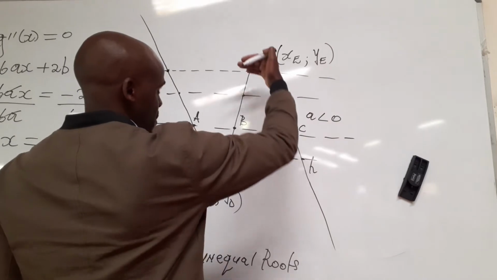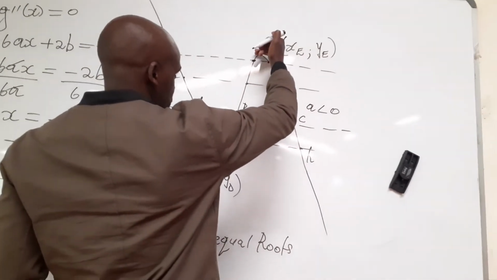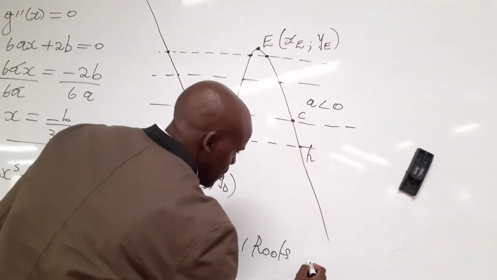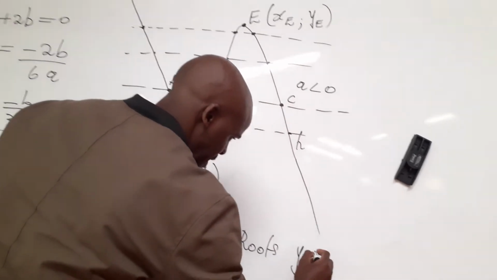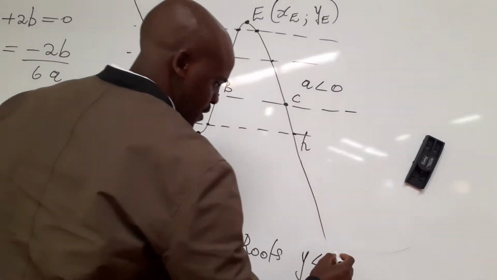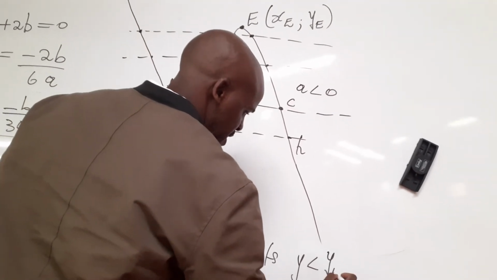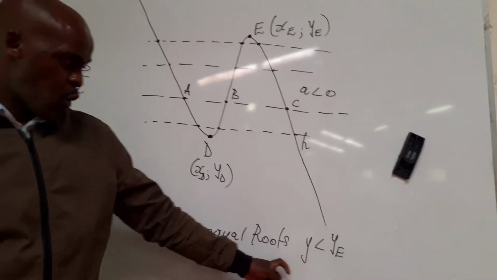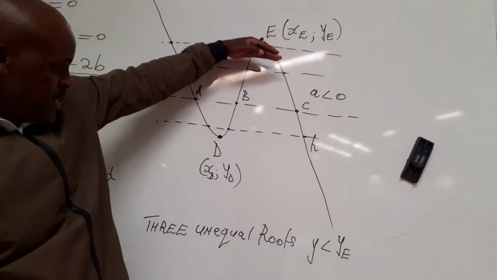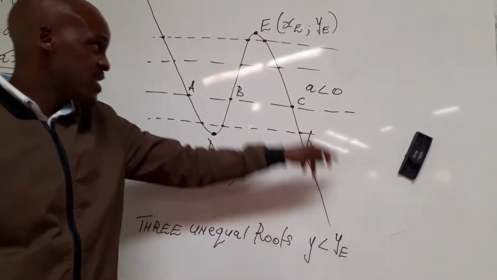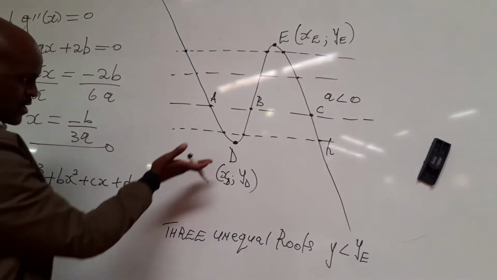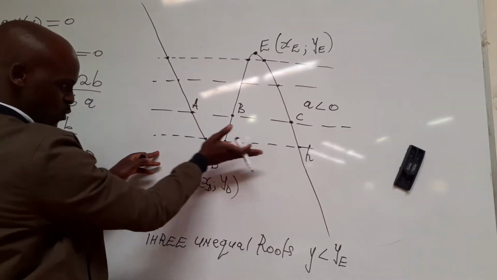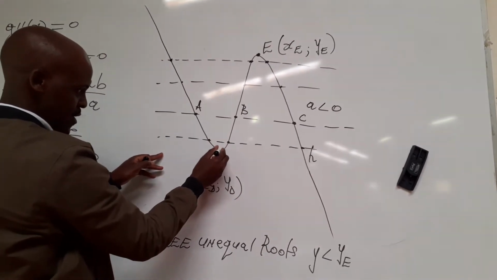Let's look at the value of y below point E. If you move from point E going down, that means it's where y is less than y at E. We are going to have 3 unequal roots where y is less than y at E. And again, when you look here, we're no longer going down to find 3 roots. We are going up from that point.